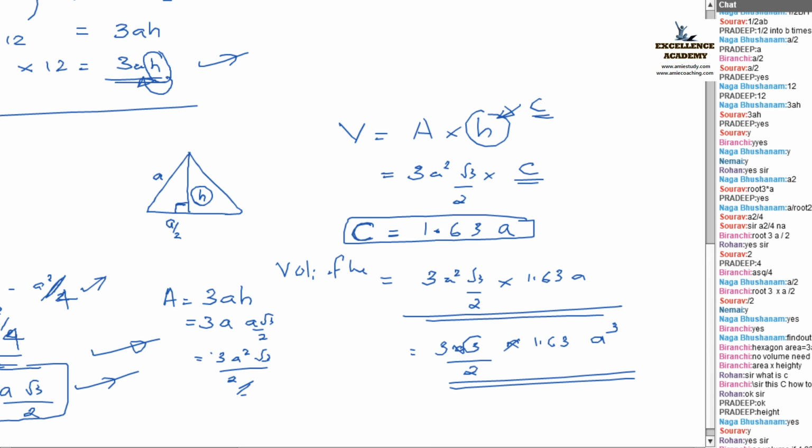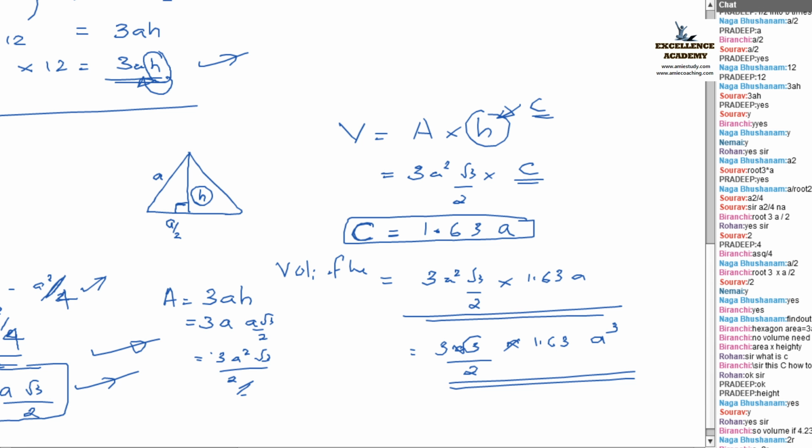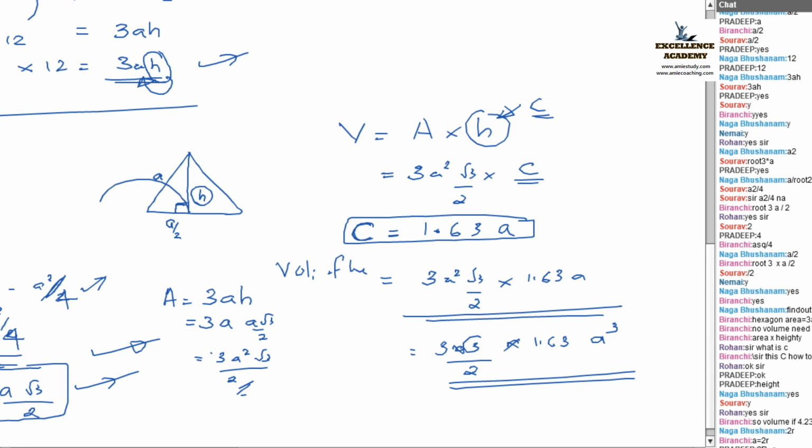Now we have to find out the relationship between A and R. What is the relationship between A and R in the case of a simple cubic? A is equal to 2R. The same applies here also. Why? Because you can see that these two edges are like this. This is one of the edges.